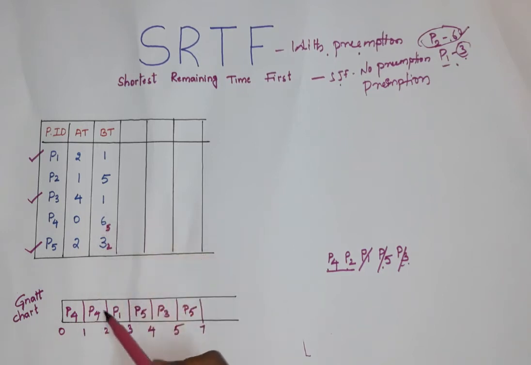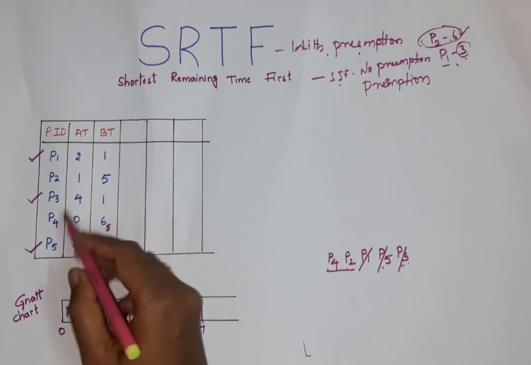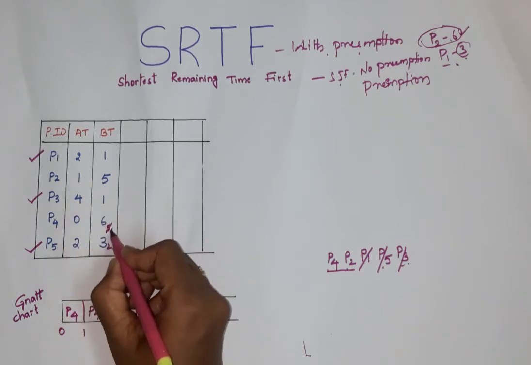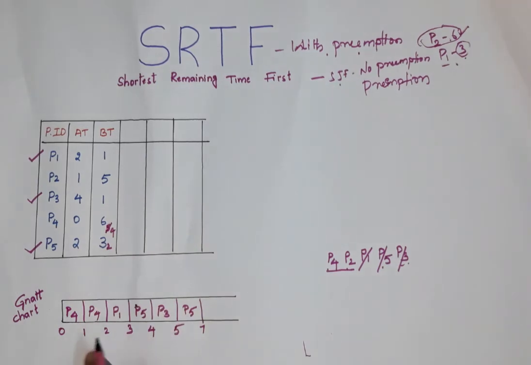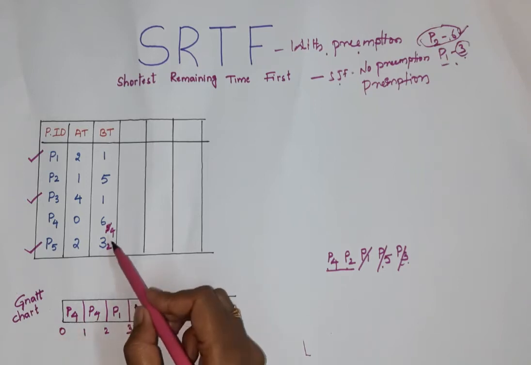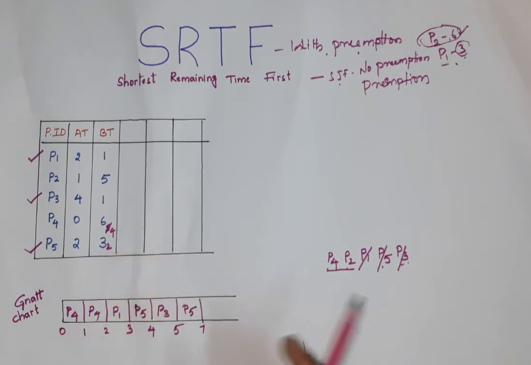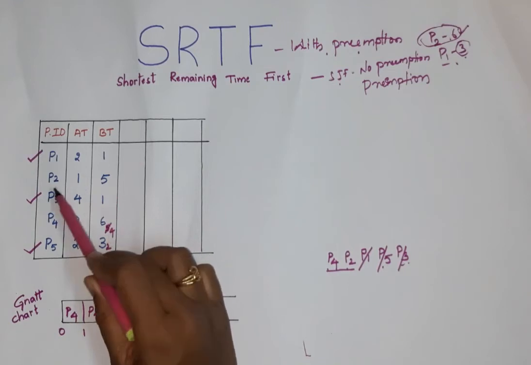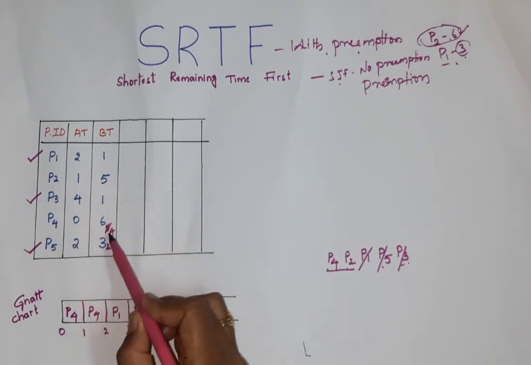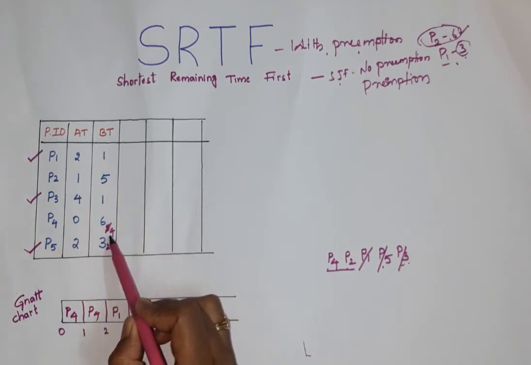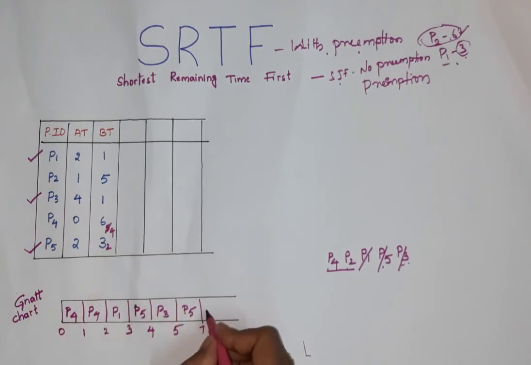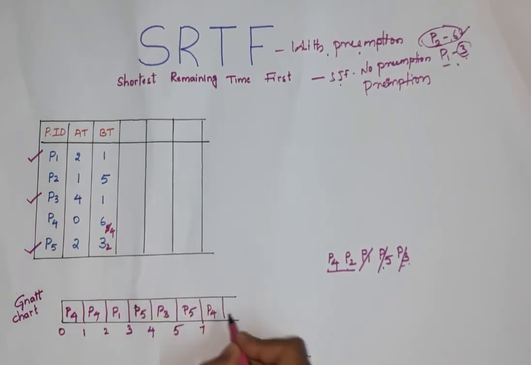After that P4 was again given the CPU according to the arrival time, and it became 4. So 2 times P4 got the CPU, executing 2 units of time. Now the remaining time is only 4. But the burst time of P2 is 5. So P4 has the shortest burst time compared to P2. That is why P4 is given the chance.